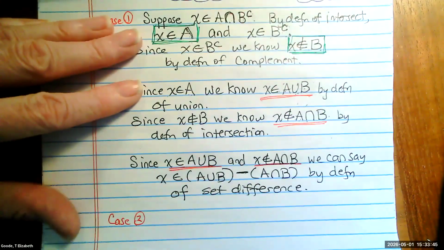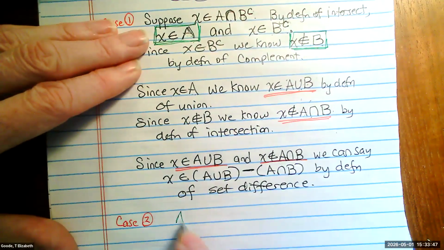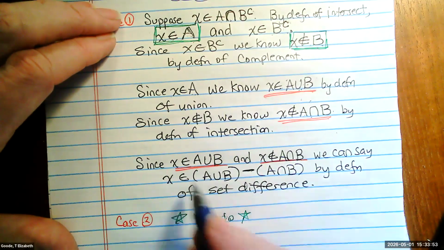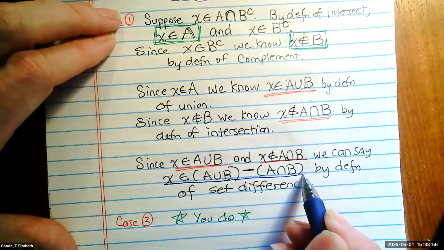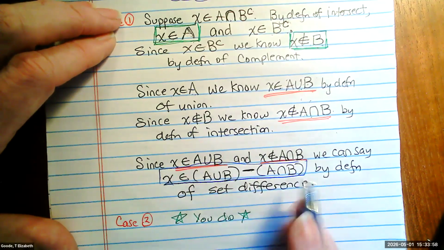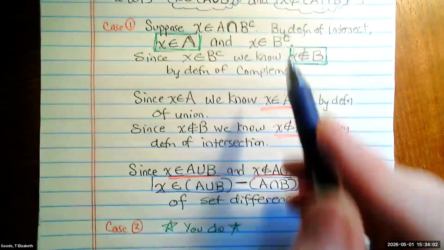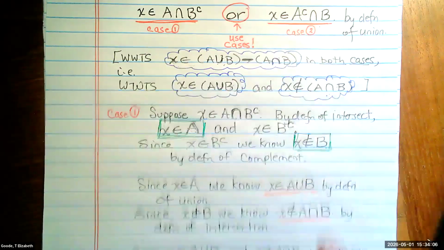So you do case two and get X in our ultimate wish, which was to get X in A union B minus A intersect B. You can do that in case two using this hypothesis of case two.